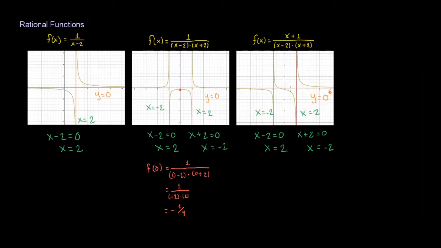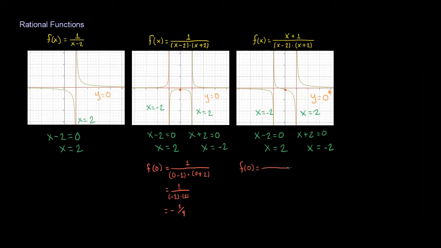Now let's see, we have a y-intercept in here as well. The way you find the y-intercept is very similar to what we did before. We have to evaluate the function at a value of 0.